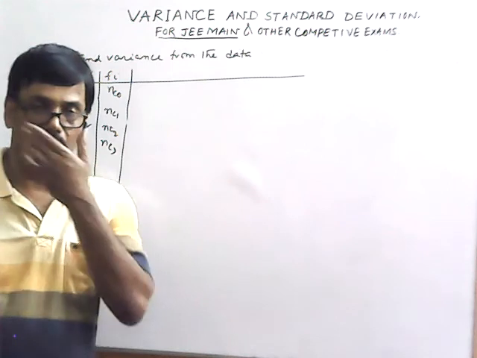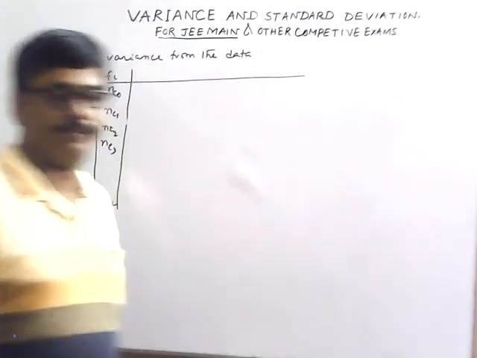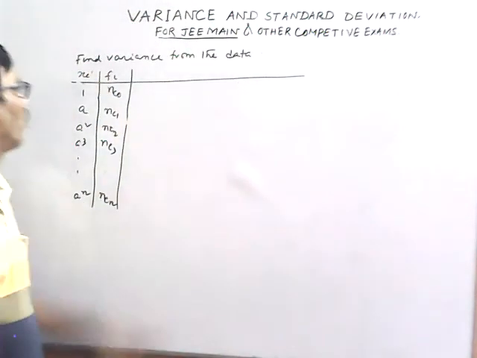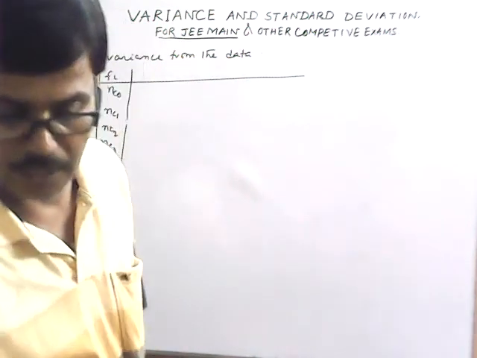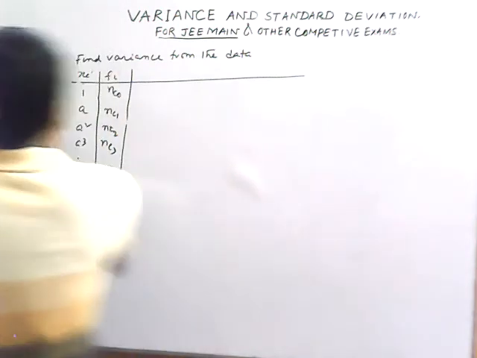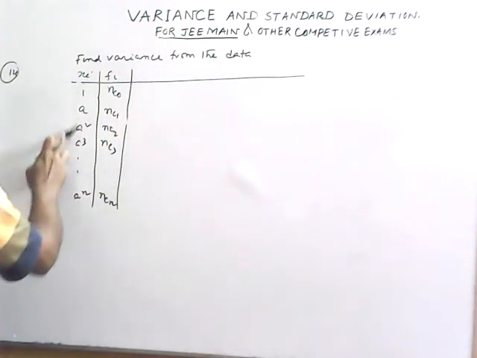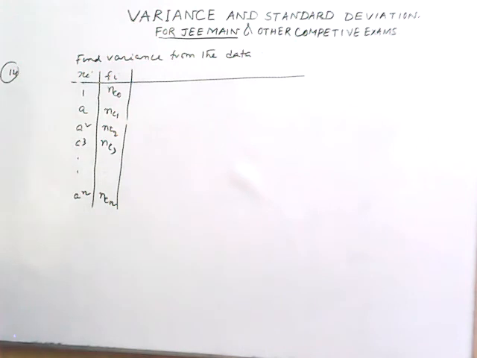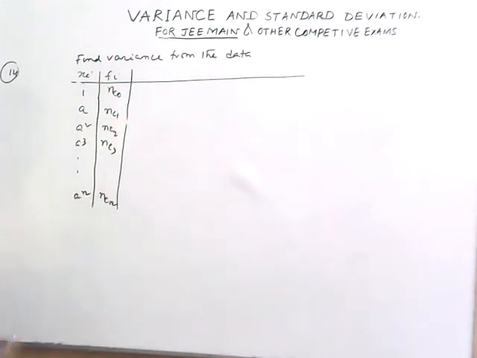Now, the last problem of this video. So, find the variance from the data. This is problem number 14. So xi is 1, a, a square, a cube, up to a to the power n, and fi is nC0, nC1, nC2, up to nCn.